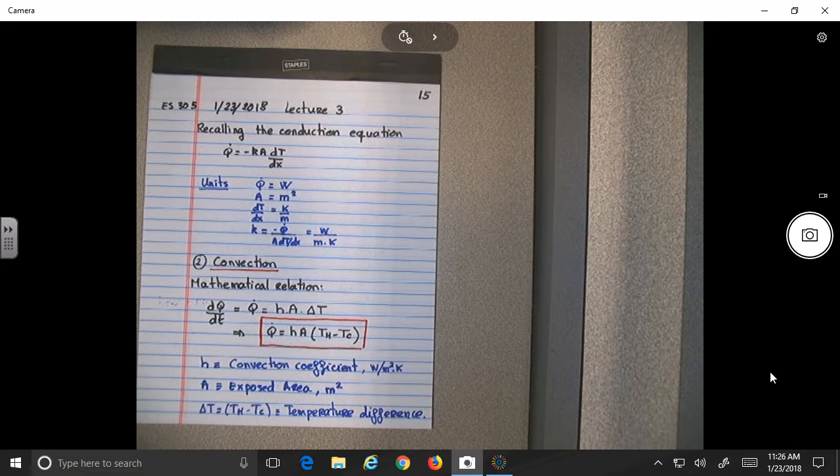So obviously you won't be able to find the values of H in any table. Okay? If you want, try to Google it, convection coefficients, and you're not going to find it. All right? So that is what makes convection actually pretty difficult.